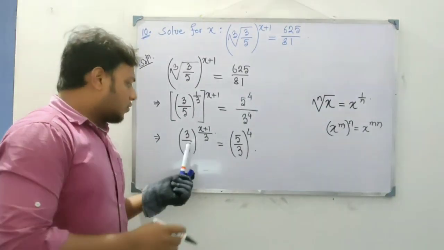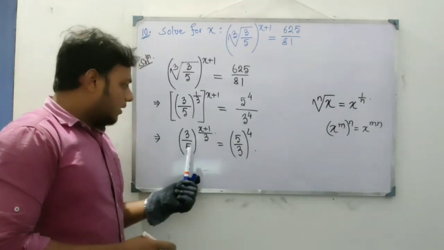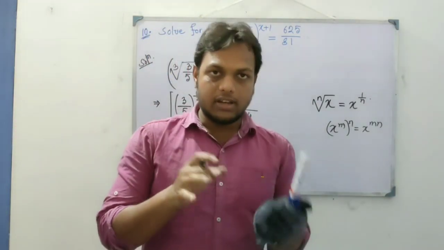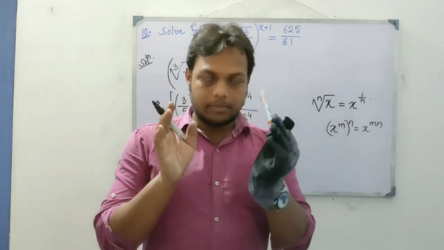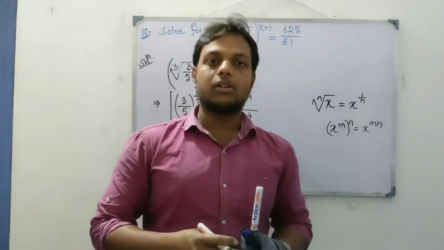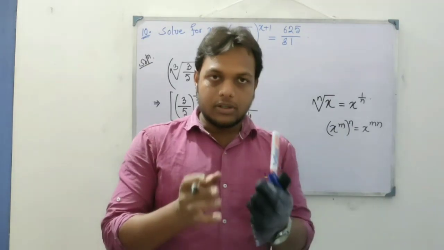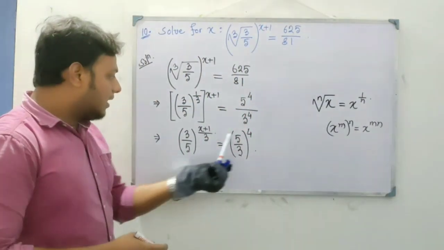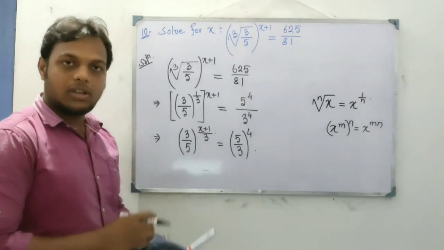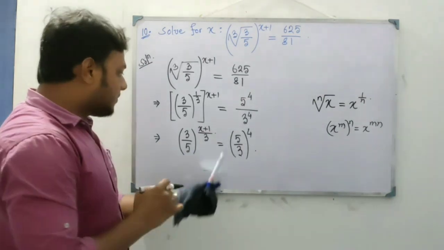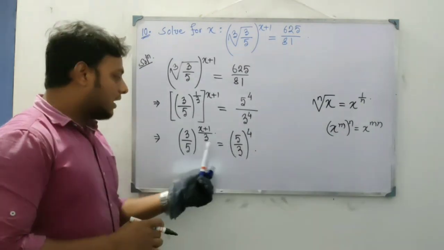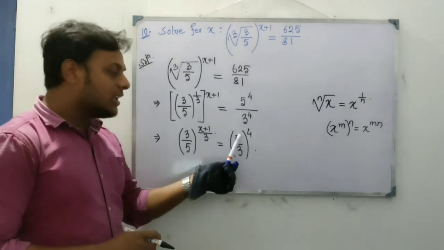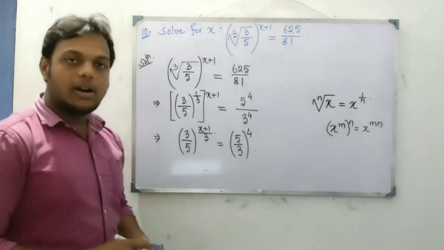Now to solve this equation, we need either the power to be the same or the base to be the same. Here there is 3/5 and this is 5/3. These two are different, and one is the reciprocal of the other. So 5/3 can be written as 3/5 if we take the inverse.